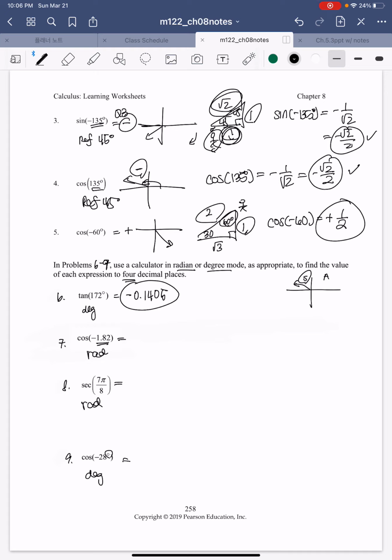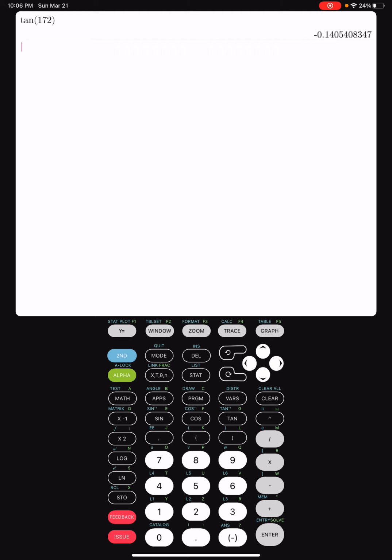Now secant, we do not have a calculator function, so I'm going to put 1 over cosine, since secant is the reciprocal function of cosine. Okay, so that's what I'm going to put. Let's begin with 7 and then 8, 9. I'm going to do everything one at a time so you can see the answer.